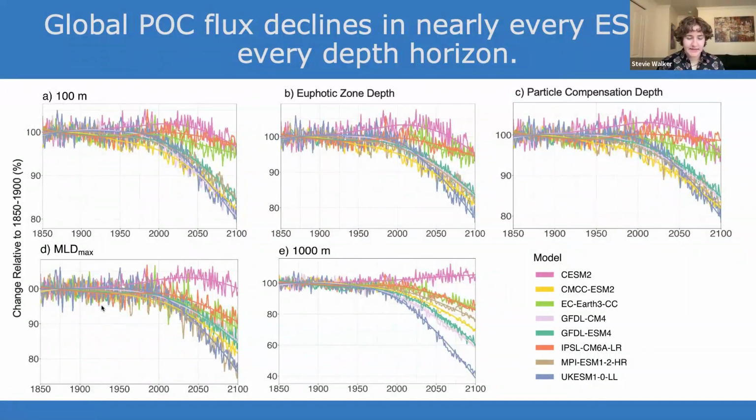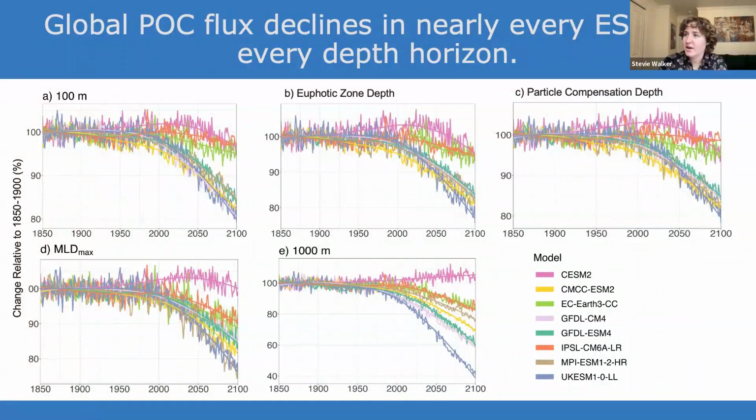The colors here represent each model that we looked at. And one thing to note with all of these time series plots that I'm going to show going forward is that they've all been normalized around a historical baseline, which is the climatological average between 1850 and 1900. So what they're showing here is the change relative to this initial baseline.